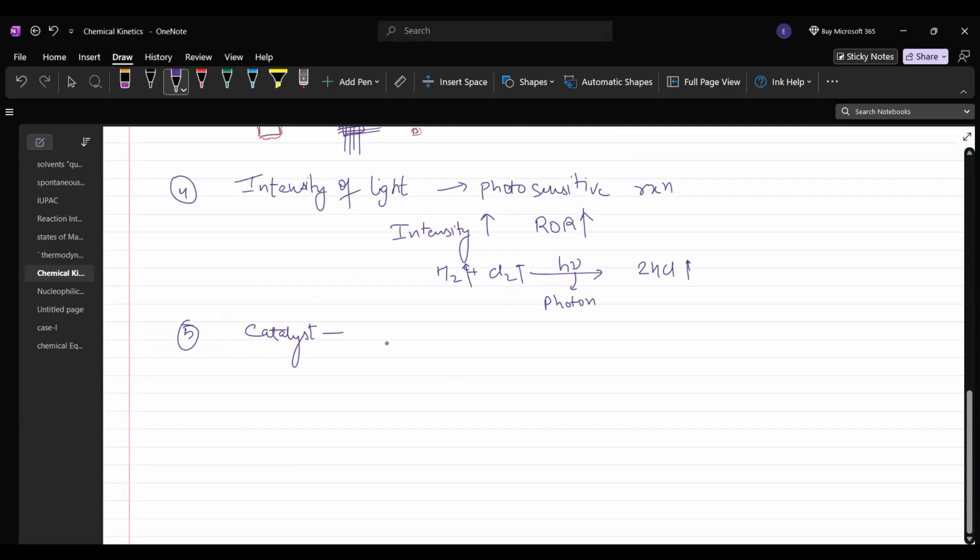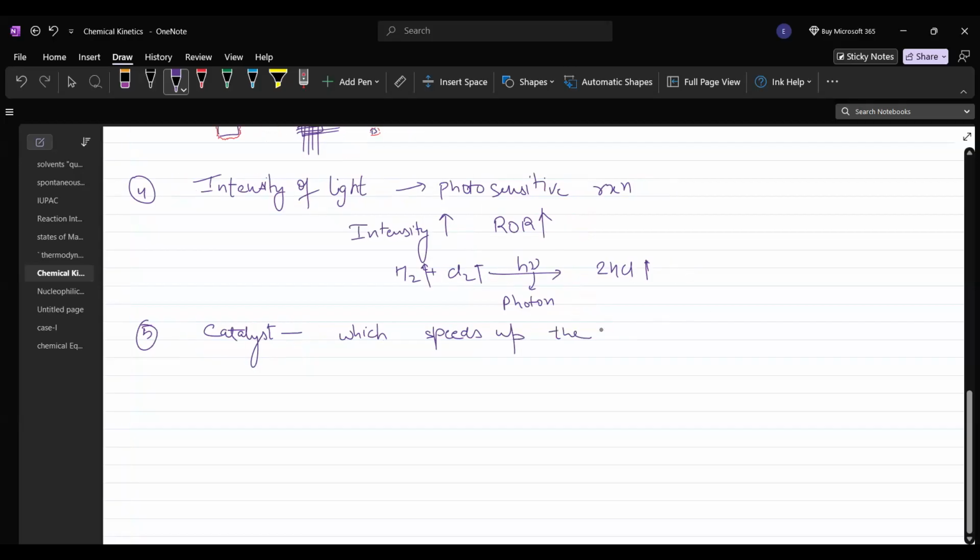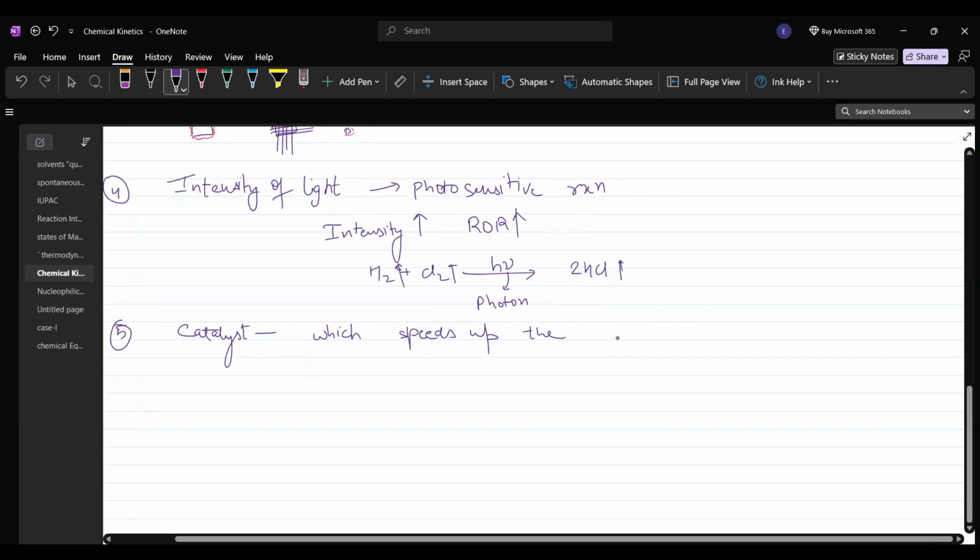So catalyst is a substance which speeds up the rate of chemical reaction.